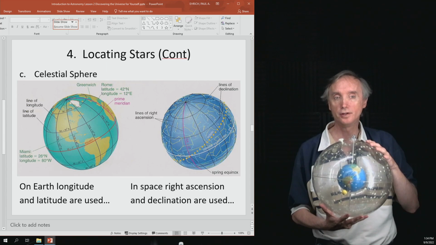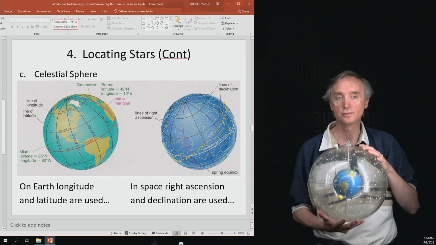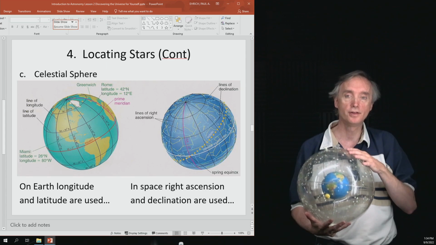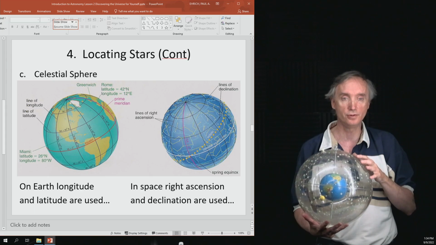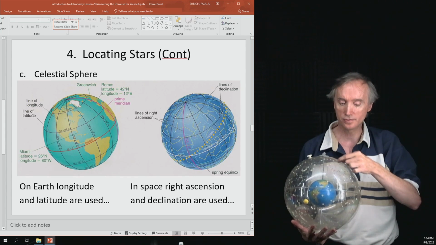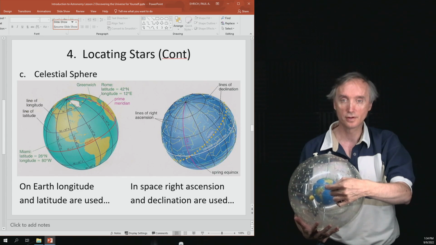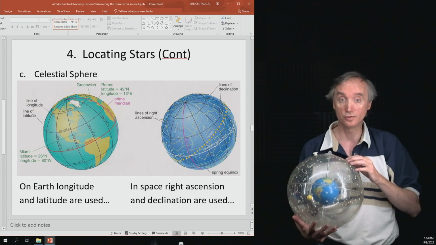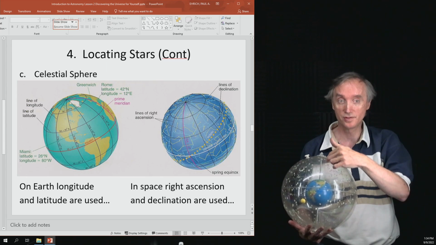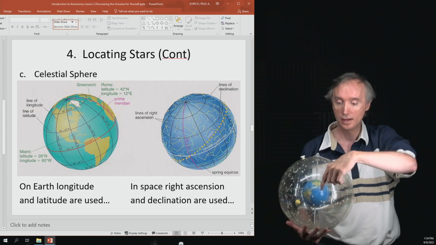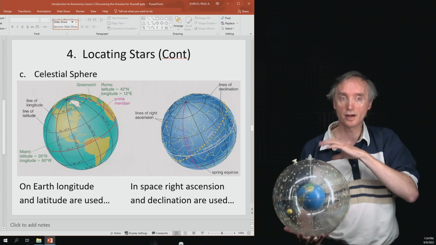Okay, and the way that they do it is very similar to longitude and latitude. On the slide there, it shows that on Earth, longitude and latitude are used. The lines that go up and down on the Earth's surface are longitude, and they go from Greenwich, England, which is called 0 longitude, and then if you go one way, it's so many degrees until you get on the opposite side of the Earth.